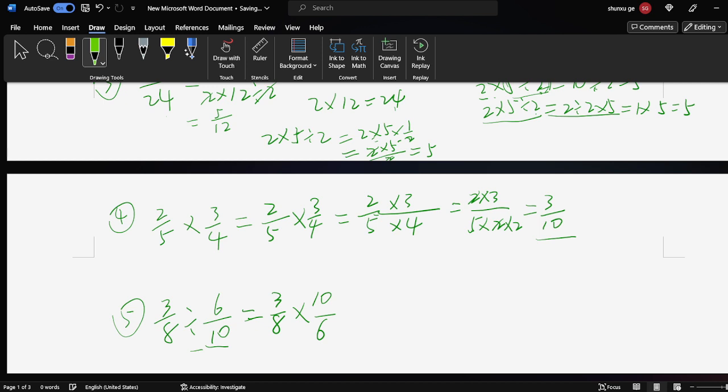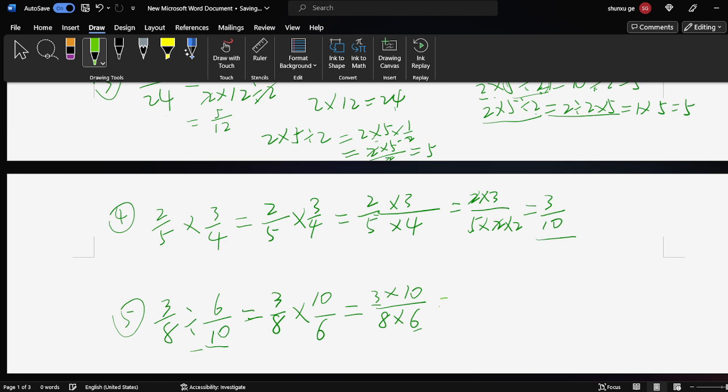Okay, so it works. So rewrite 3 times 10, 8 times 6. So we can find if they have some common factor. So we observe that here 3, here 6. 6 equals 2 times 3. And 10, 8 are both even numbers. Even number means they have factor 2.